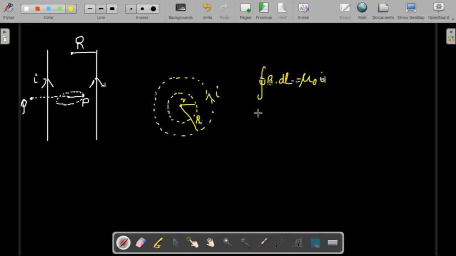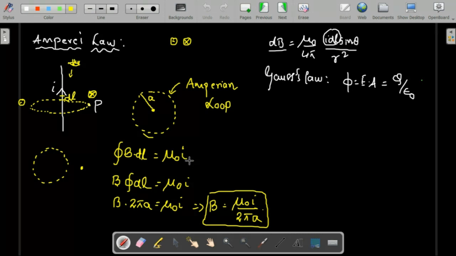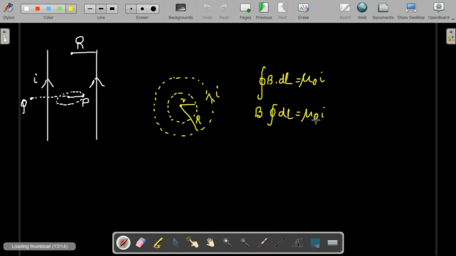So we can simply write it down as B integration of dl is equal to mu naught I. Okay, so please understand that this I that we are considering is nothing but the current that is enclosed or inside. So this is the current which is inside the loop.